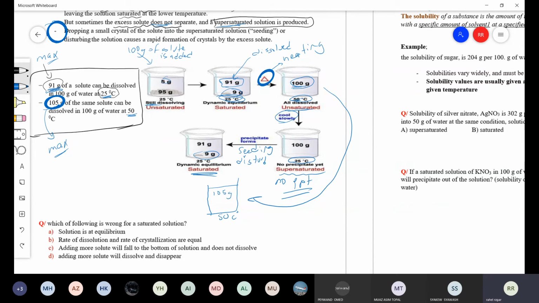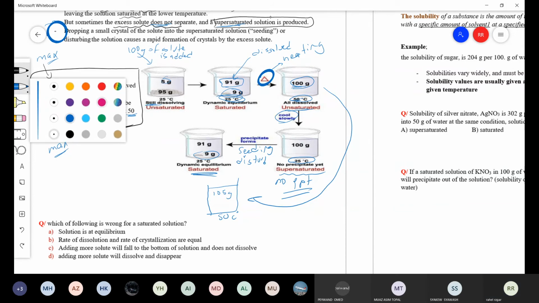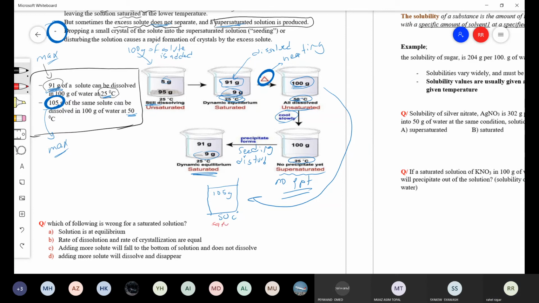So what is this solution? It's saturated. Why? At 50 Celsius, we can dissolve 105. That's why it is saturated.